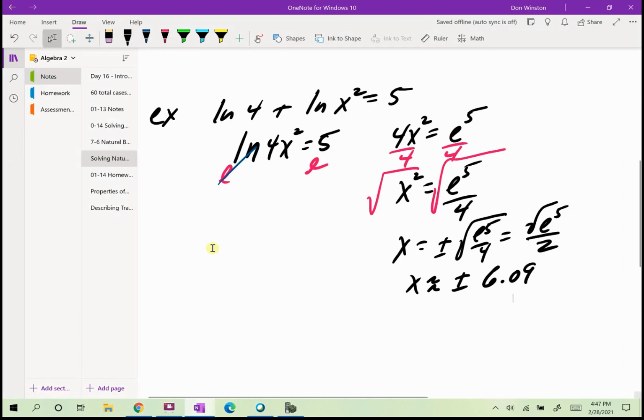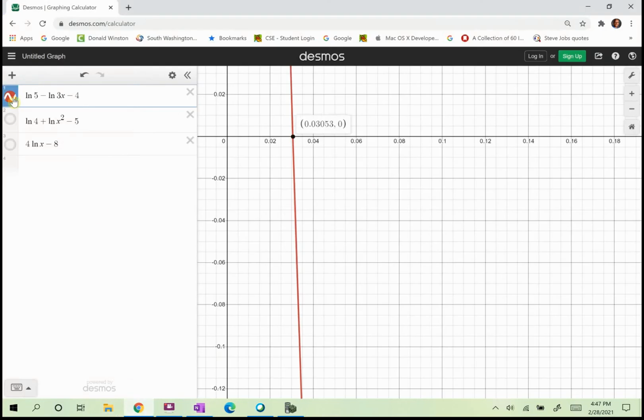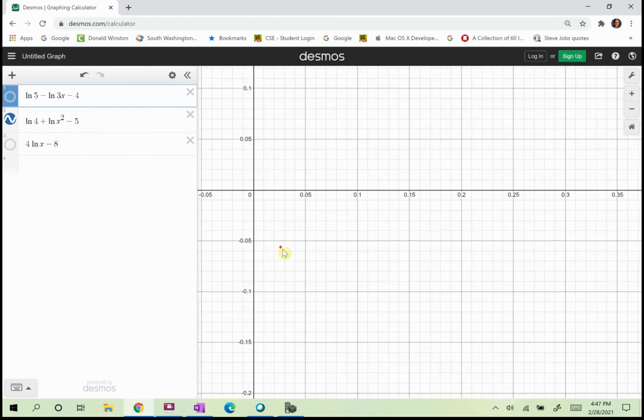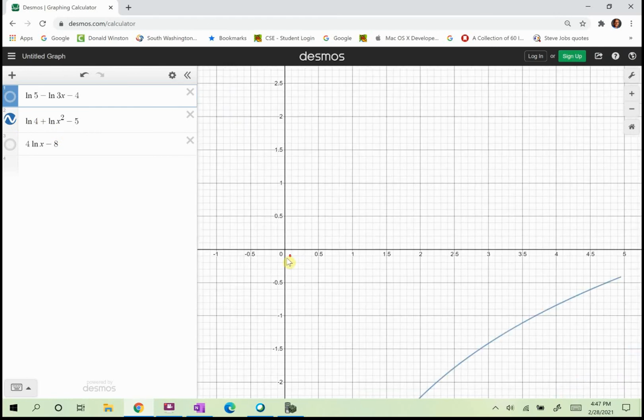Okay, so let me graph that. Again, when I go to graph this on Desmos, I'll set one side equal to 0. So I'll have y equals natural log of 4 plus the natural log of x squared minus 5. I'll be finding the zeros when y is equal to 0. Let me zoom out.